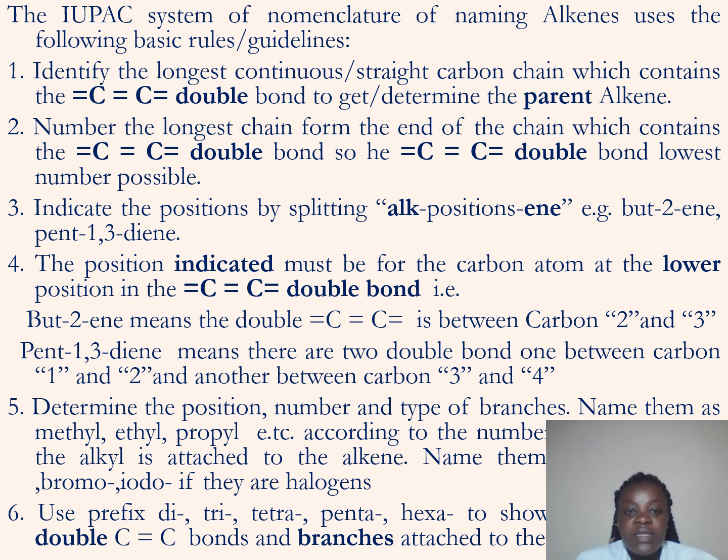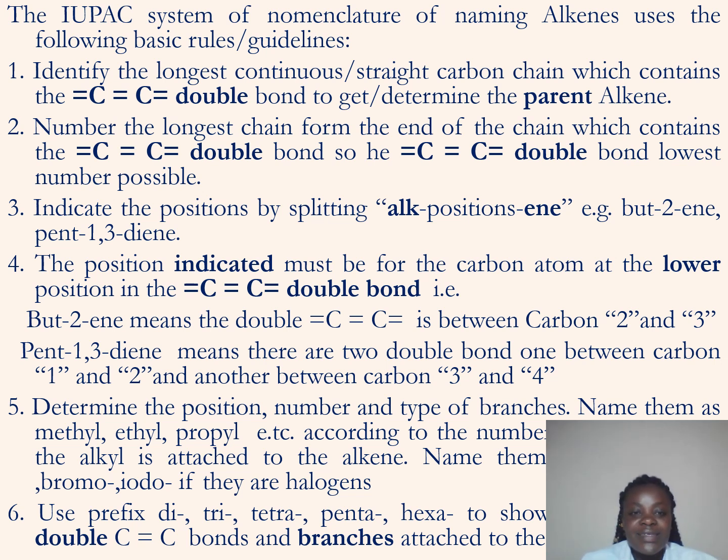The naming system, or the nomenclature, is always guided by certain rules or principles, not very different from those of alkanes. If you still recall how we give names to the alkanes, this is the same way we name the alkenes. The first step in naming alkenes is to identify the longest continuous or straight carbon chain which contains a carbon-carbon double bond.